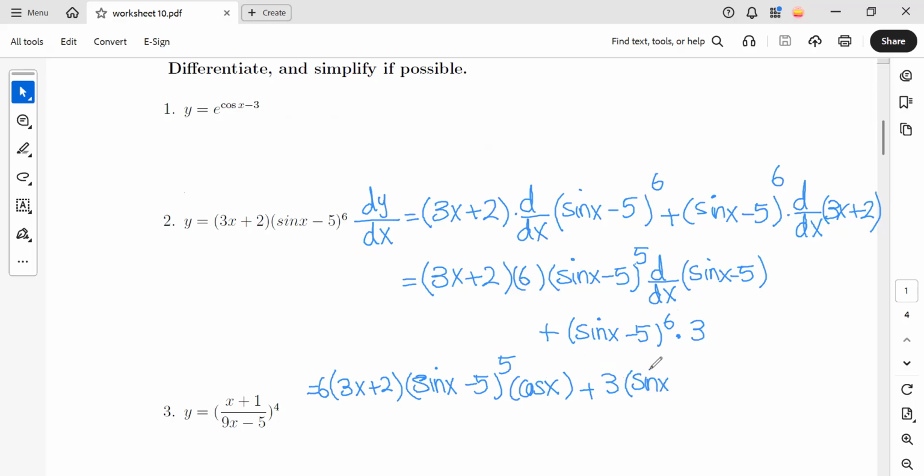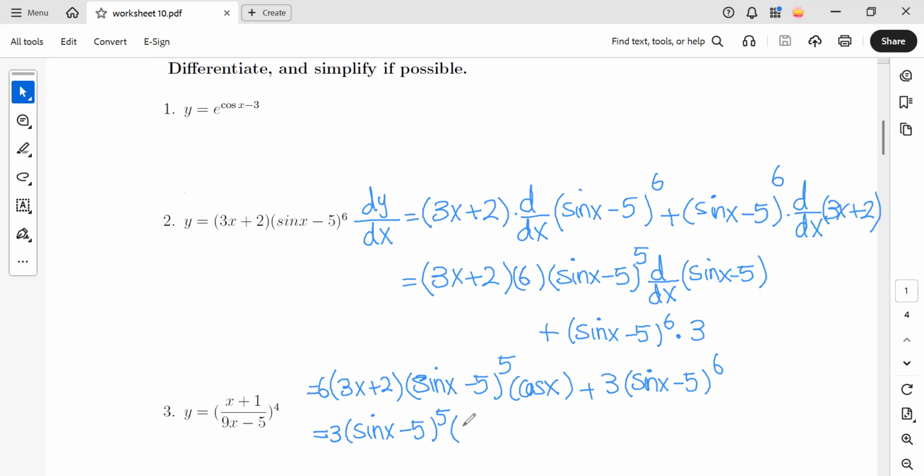written as this expression. And since it says simplify if possible, we can factor out sine of x minus 5 to the power 5, and also we can factor out 3 here.